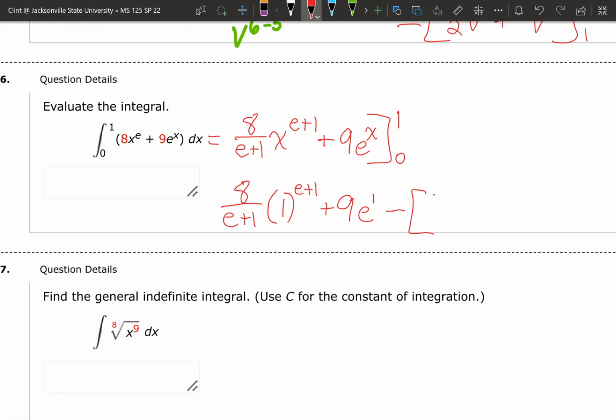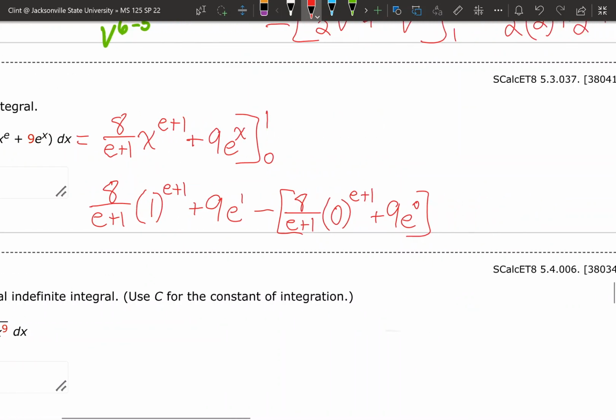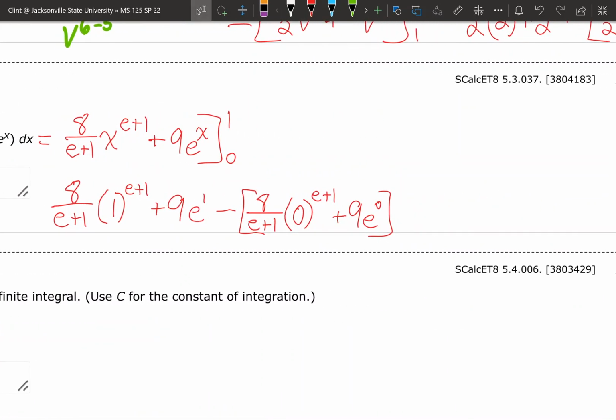Now we plug in 0, so that's 8 over e plus 1 times 0 to the e plus 1 plus 9 times e to the 0. And then we'll just see what simplifies from there.